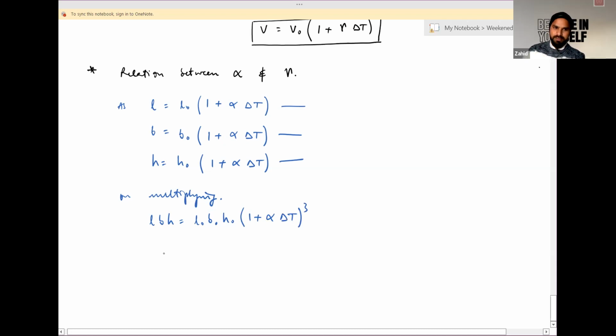Now this entire part is nothing but volume. This will be V naught. And according to binomial expansion, we can move this 3 to the coefficient of alpha. So it will be 1 plus 3 times alpha delta t. So this will be your function for volume.